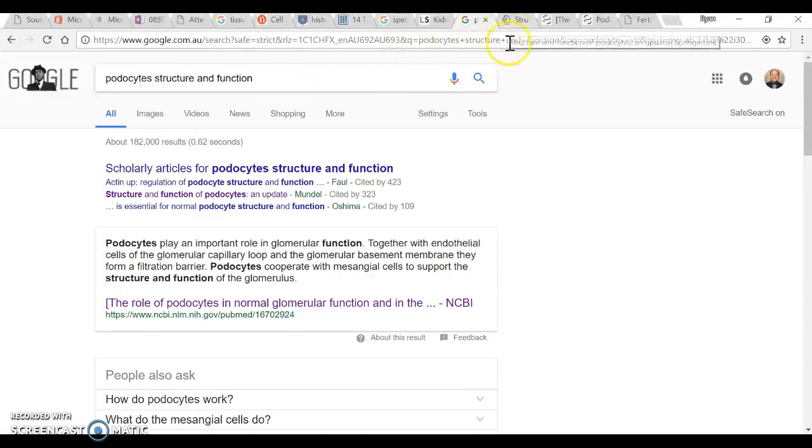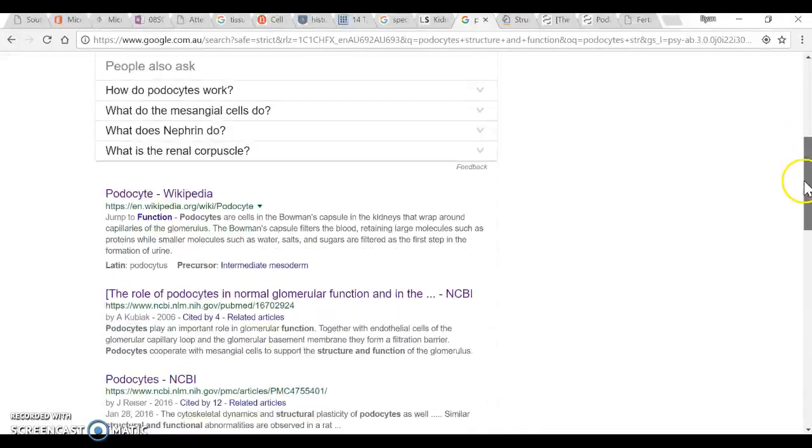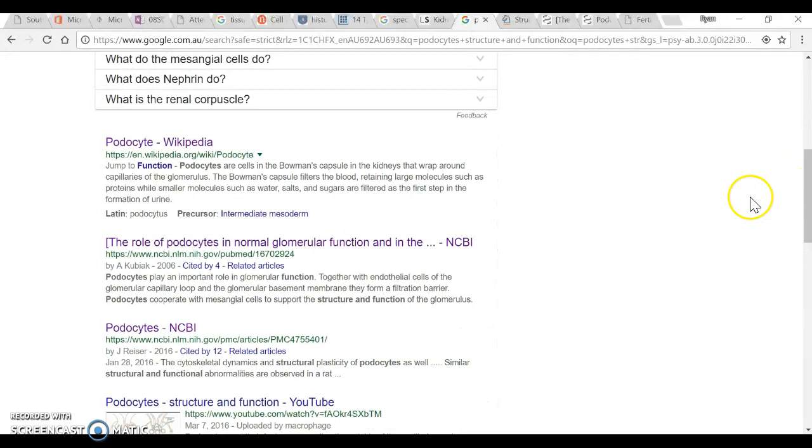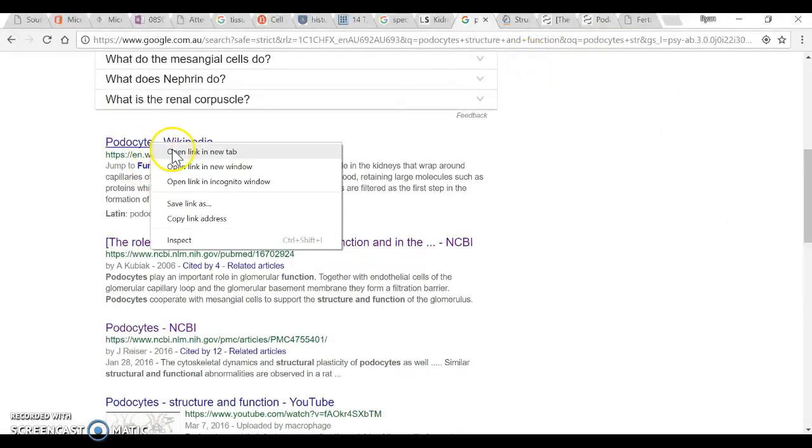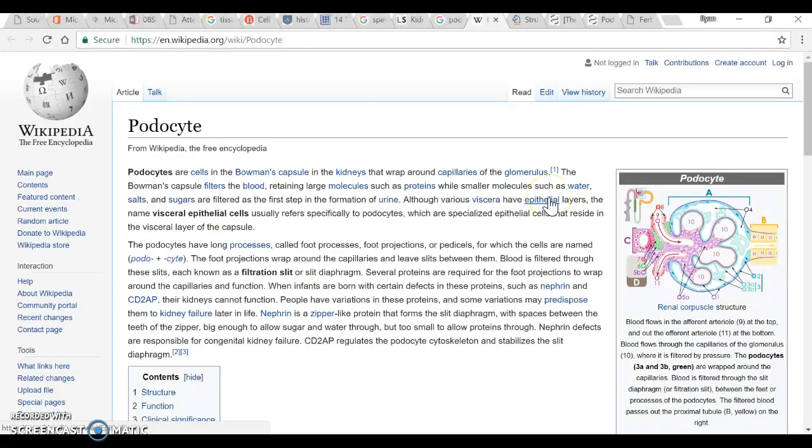I go through and I select some of those ones. I'm just opening a new tab. It's fine to open it in Wikipedia to start with. So what's a podocyte in Wikipedia? Because it'll give you a bit of an overview. Long processes, foot processes. There's my picture. What is it? Oh, it's filtering the blood.